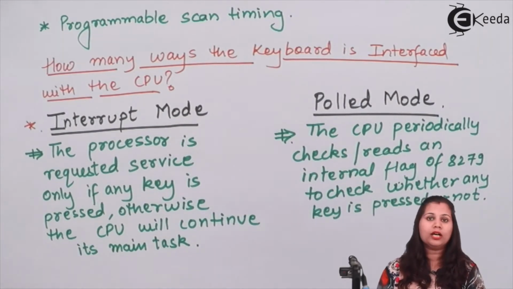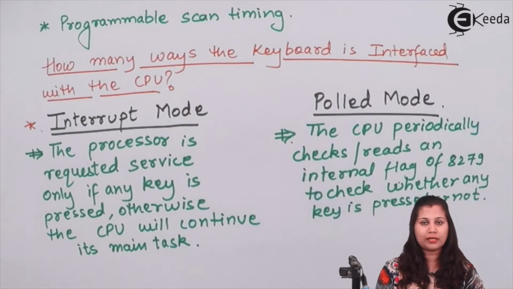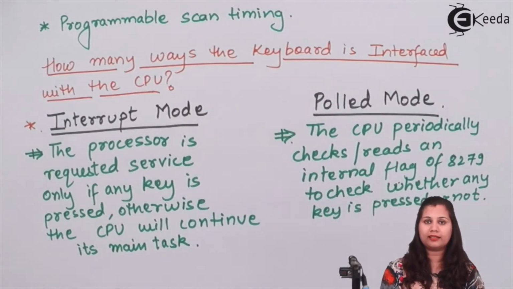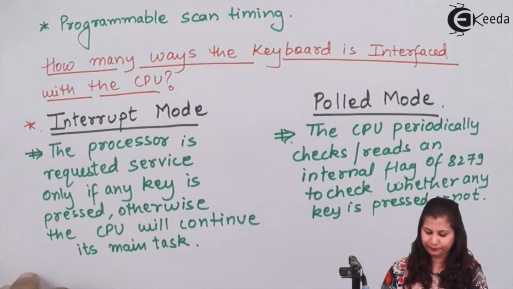But in the poll mode the CPU is disturbed every time, as it has to check at certain intervals of time whether a key is pressed or not. So this is the way in which the 8279 is interfaced with the CPU: one is the interrupt mode and the second is the hold mode.